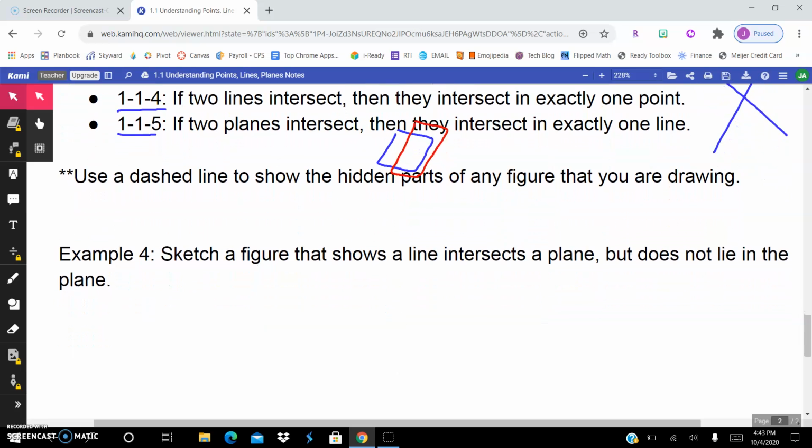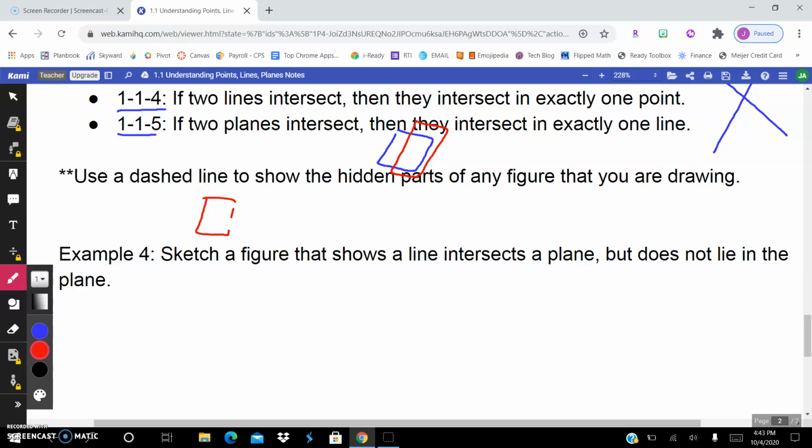A little tidbit here, you need to use a dashed line to show the hidden parts of any figure that you are drawing. So if something is hidden by something else, then we draw a dashed line. So if I were to draw a cube, these parts back here you couldn't see from the front, so you would draw those with a dashed line. That's all that means.